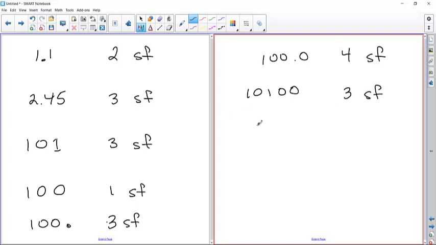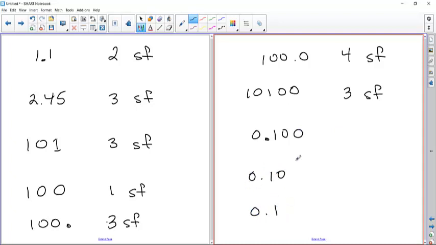Okay, let's think about something else. Let's say you have 0.100. Now, you may think, okay, is that 1 significant figure, because I've got these zeros in here? Zeros here to the left didn't count as significant figures. But if you are to the right of a decimal point, then the zeros do count. So let's look at these three, which represent the same number.